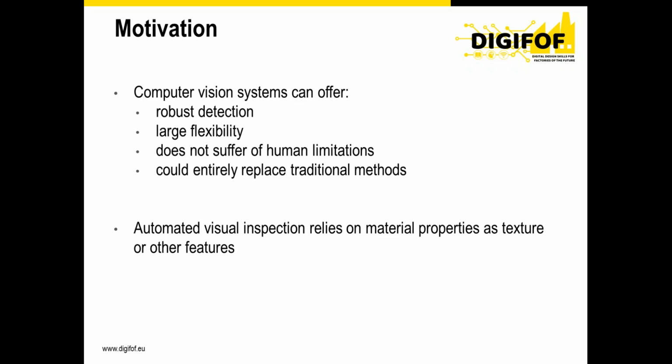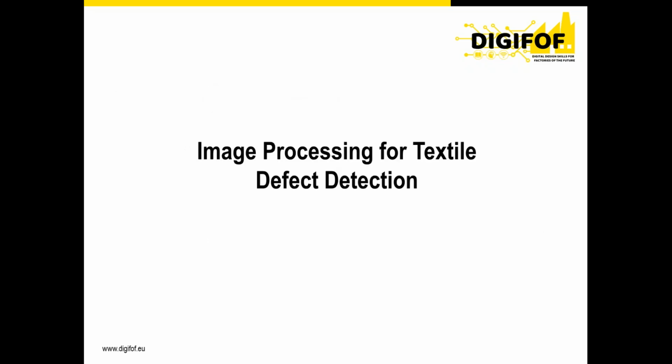It's not affected by the limitations of human beings. It doesn't suffer, for instance, from fatigue or other causes, like the weather or illumination, that can be distracting, and automated inspection can help in finding defects of the textile and ready-made goods.